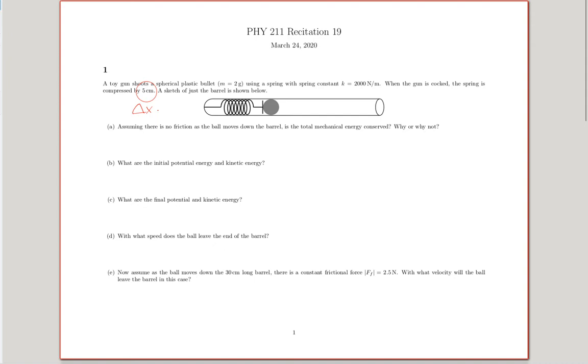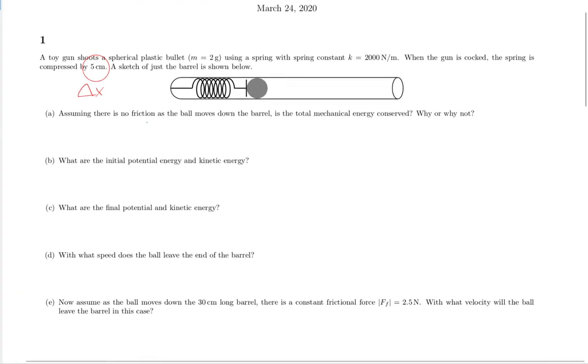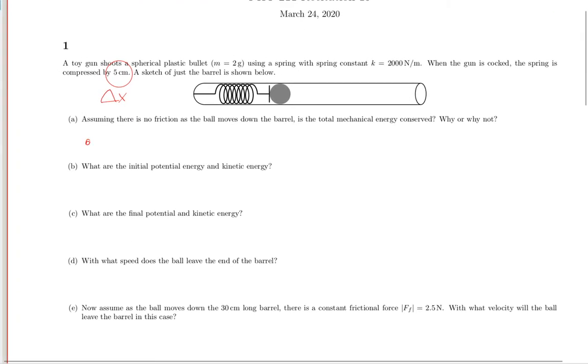A non-conservative force, one like kinetic friction, is one that transforms energy from kinetic energy to some other type that we cannot associate with a potential energy. Here, that's true. There are no non-conservative forces.